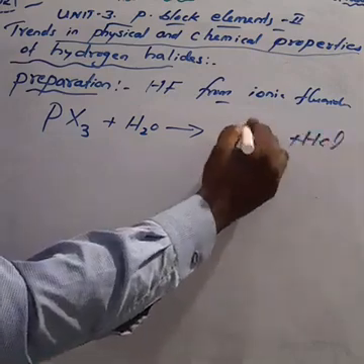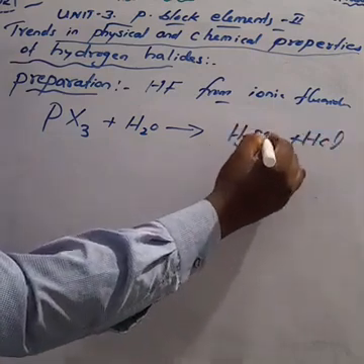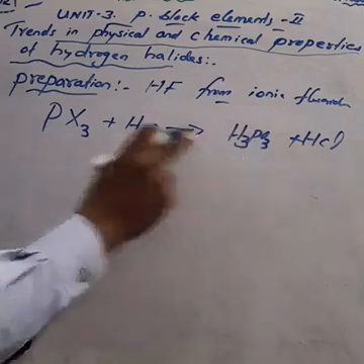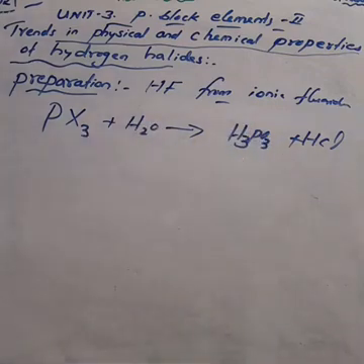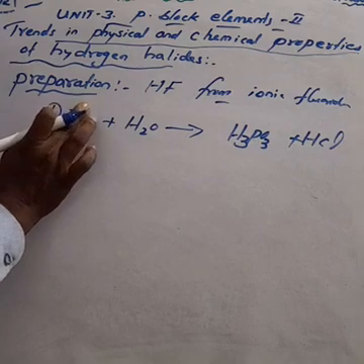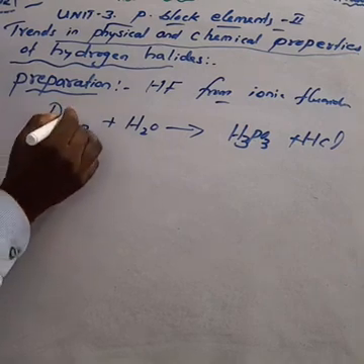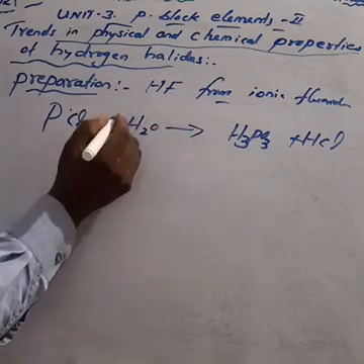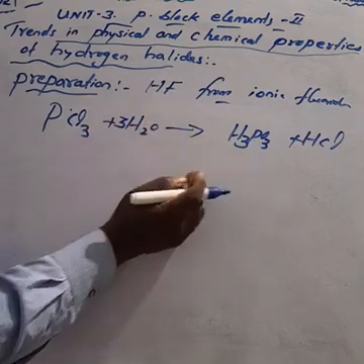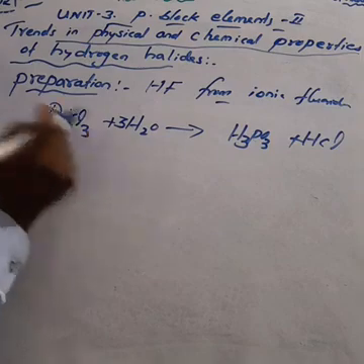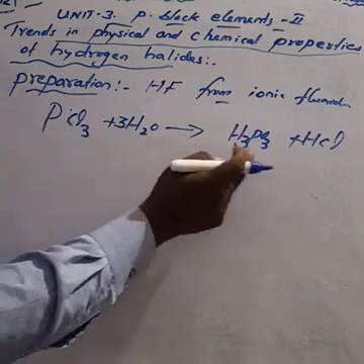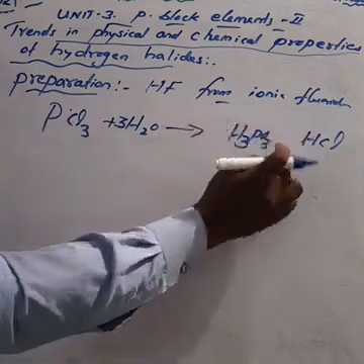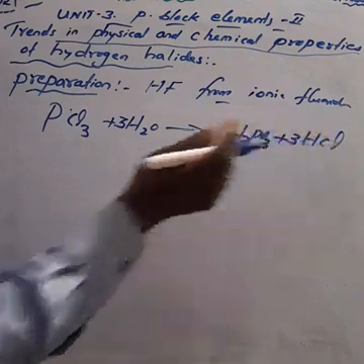Phosphorous acid, what is the formula? H3PO3. Am I right? So, how can you balance the equation here? The product side has 3 oxygen, so make it 3 water molecules. So PX3 plus 3H2O gives H3PO3 plus 3HX. Now the equation is balanced.